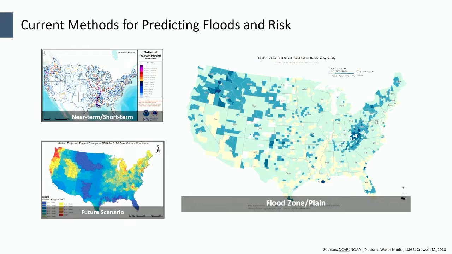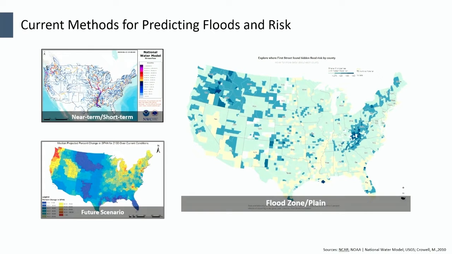However, one gap here with these current methods is, what about the time in between near term and future? Is there some way to have a forecast where you can have information a season ahead of time and year to year?